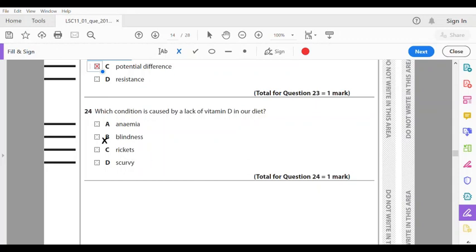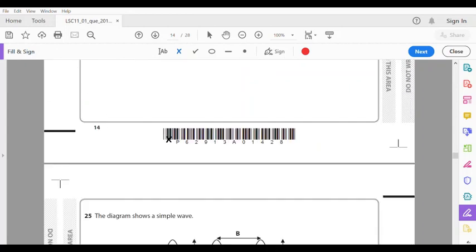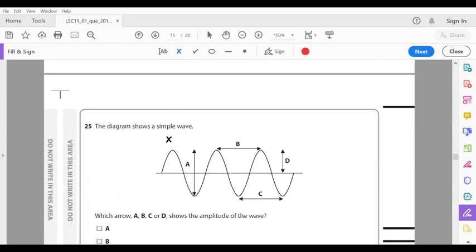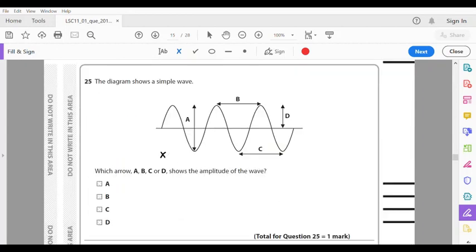Anemia, blindness, rickets and scurvy are given. It should be rickets. Next one, the diagram shows a simple wave, and ABCD shows the amplitude of the wave. So A shows double the amplitude, so the answer should be D.